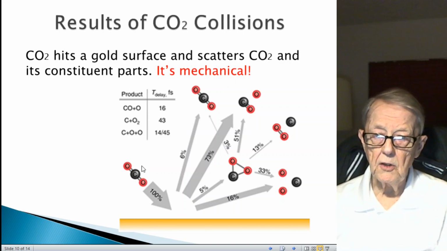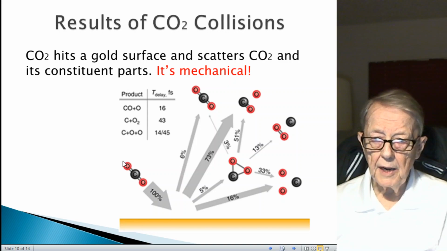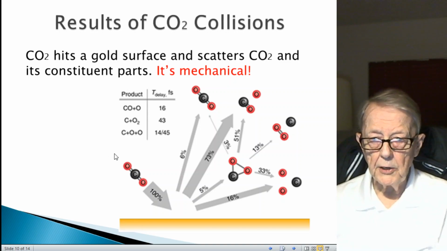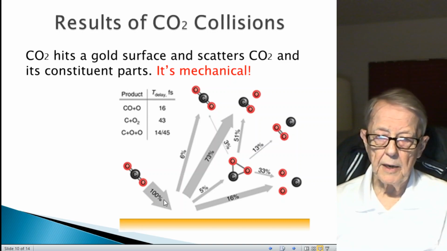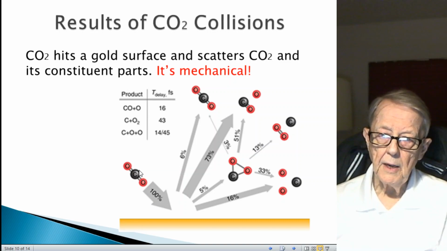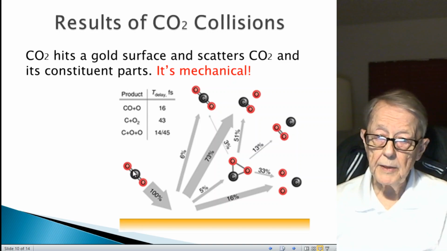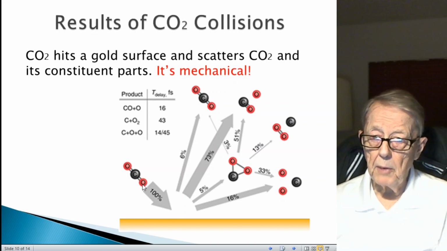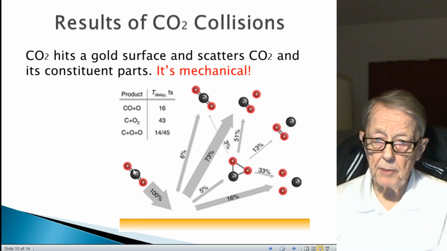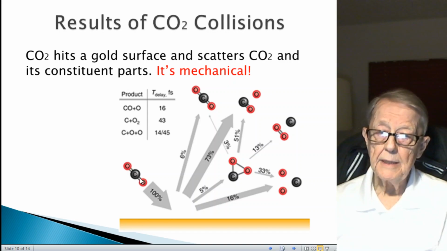So let's look at the detail here. Here's the stream of carbon dioxide molecules coming at the surface at 45 degrees. They claim they got 100% of them here. What's interesting to note, at least at the start, is this molecule has very strong intermolecular bonding. The oxygen is bonded with a double bond.